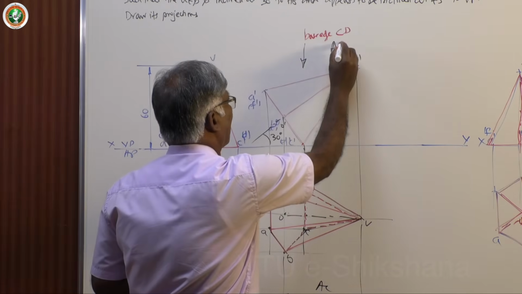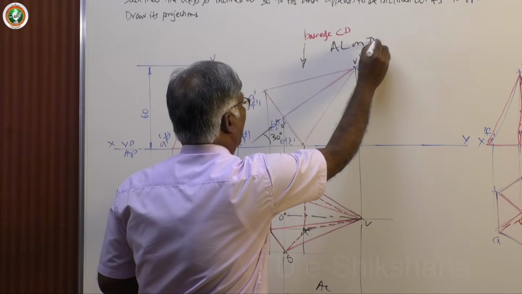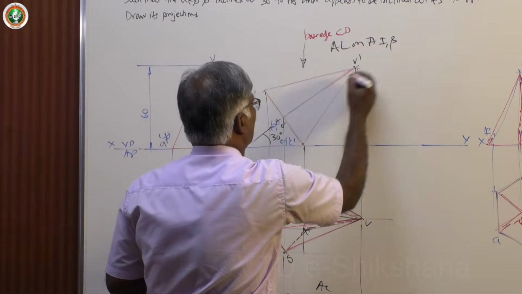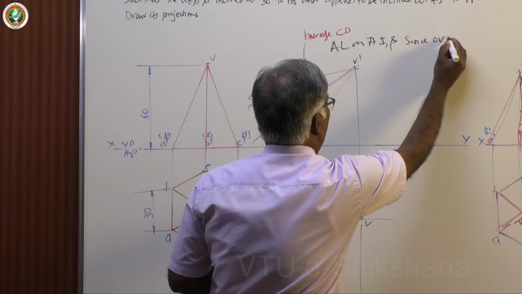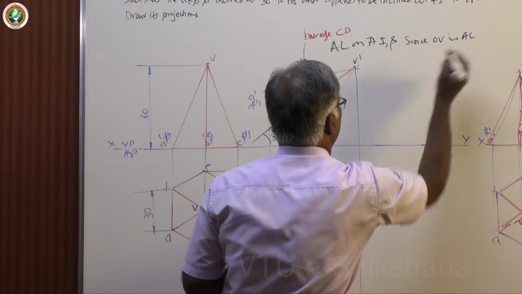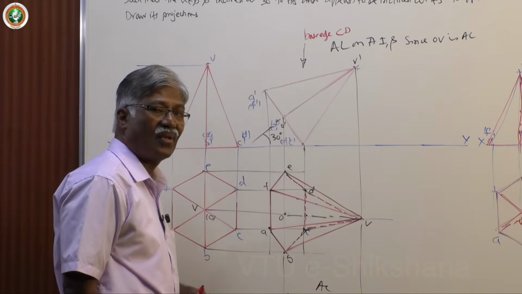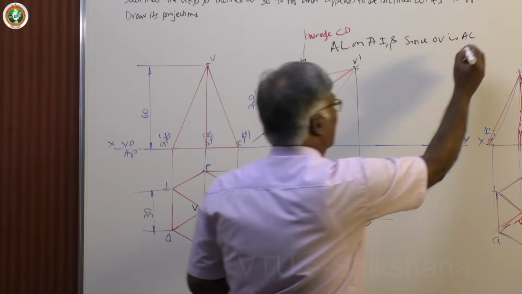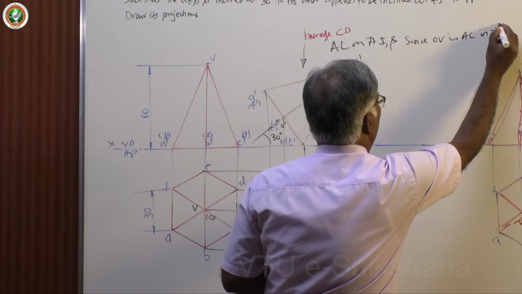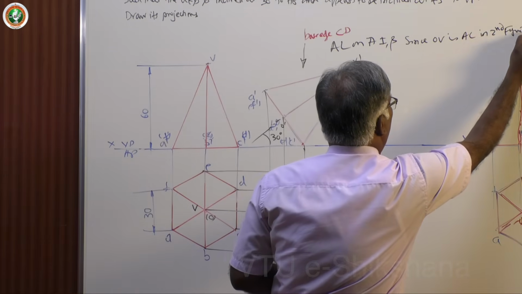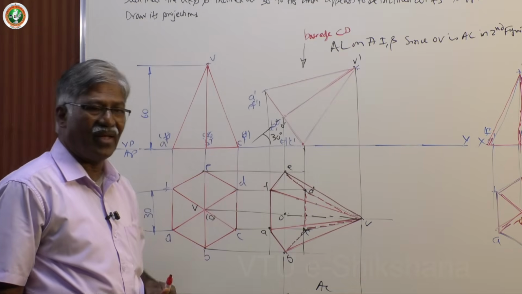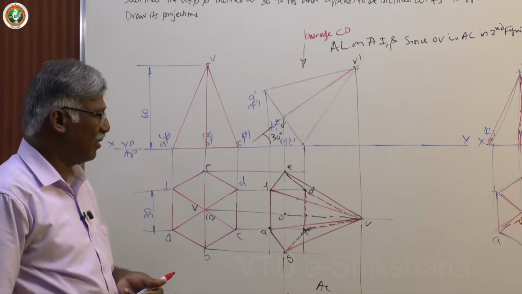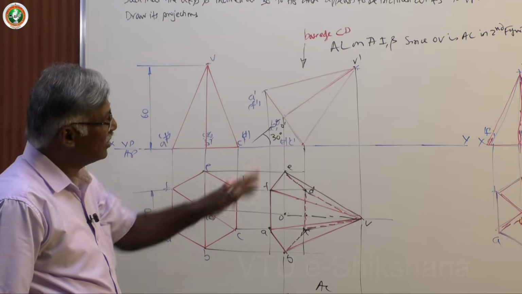So apparent length on apparent inclination beta, since OV is the apparent length in the second figure top view. This is the reason why we are going to consider beta. We will ask many times why beta, when beta. Now this is the answer.